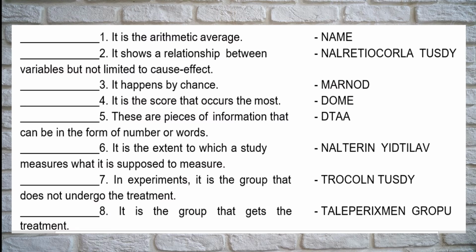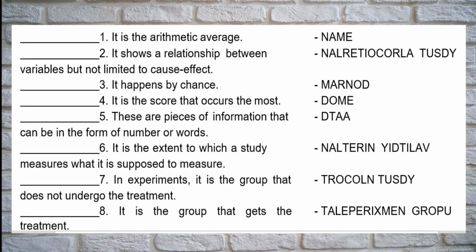Number 1. It is the arithmetic average. The word is mean. Number 2. It shows a relationship between variables but not limited to cause-effect. The answer is correlational study.